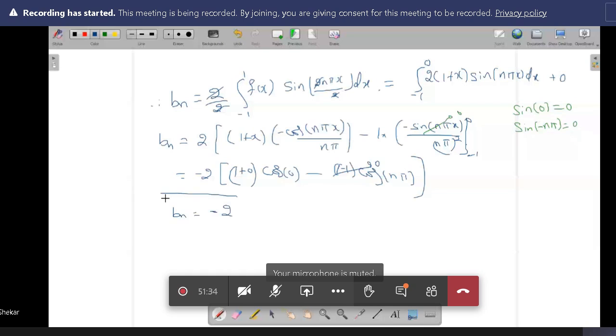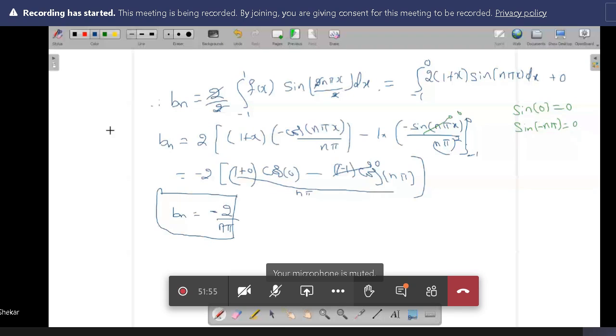So whole divided by n pi, that term we have missed. So minus 2 divided by n pi is b_n. So with whatever we have obtained, a0, a_n, b_n, we substitute into equation 1.